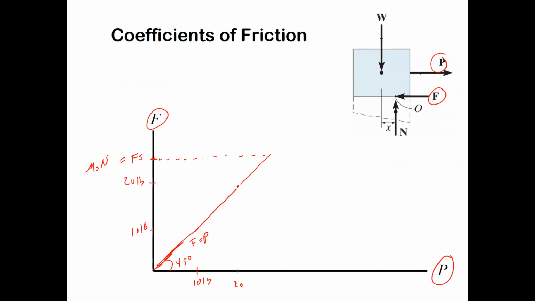This is the limit beyond which the friction force cannot hold anymore. So the point P at which that happens is called the P force for impending motion.